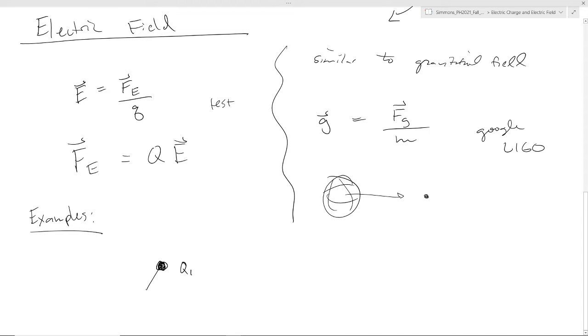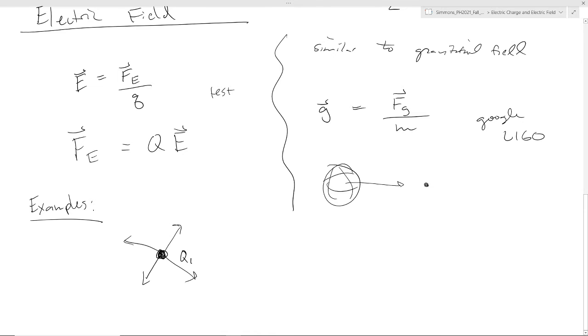If it's positive, the electric field would point away from it. When we calculated, we'll just apply our definition here. The electric field is going to be the electric force per unit charge. So the electric force due to a point charge is KQ Q over R squared.